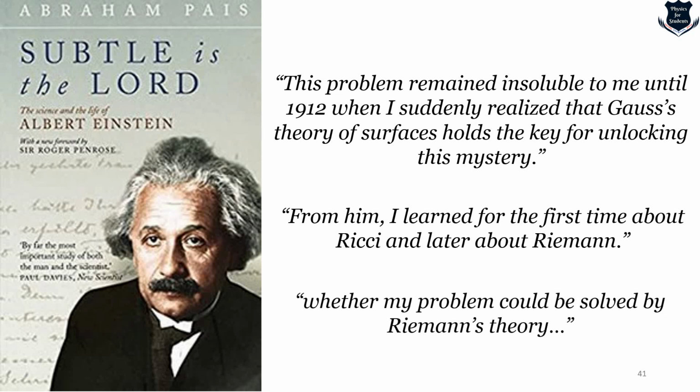Einstein also says, whether my problem could be solved by Riemann's theory... That means he stays confused. So in this book, I just cited three lines which show the inconsistency, the confusion, and the complexities of the equation which created a doubt, and Einstein, during the time when he was formulating relativity, was still not clear who will help him, how it will be solved, and which particular theory will lead him to the road of success.